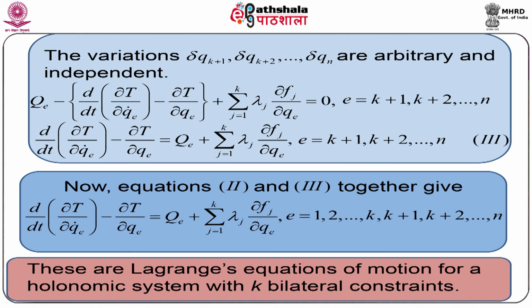Thus we have Qe minus d/dt of del T by del qe dot minus del T by del qe plus summation over j lambda j del qe operated on fj equal to 0. This is valid for e equal to k plus 1, k plus 2 up to n. This can be written in this way. We have just shifted the portion within the second bracket to the right hand side, and we get this result.